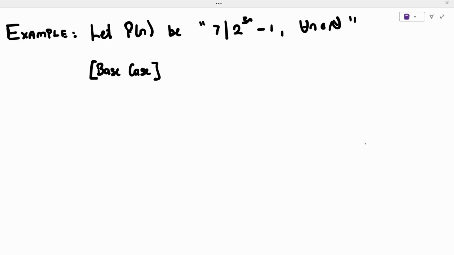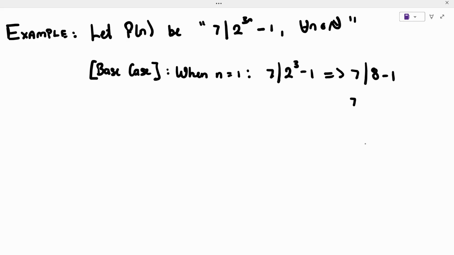Now n is a natural number, no restriction, so natural numbers, the counted numbers, we need to start from n equals 1. What happens? 7 should divide 2 to the 3 minus 1, which means 7 should divide 8 minus 1, which means 7 should divide 7. And this is true, because 7 divided by 7 is just 1.